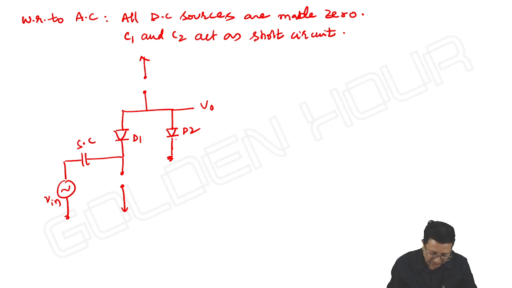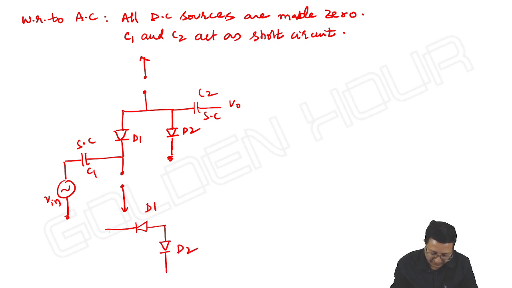And here also, to be frank, we have one more capacitor C2 which acts as short circuit. So finally what we can write, D1, D2, V input and V output.